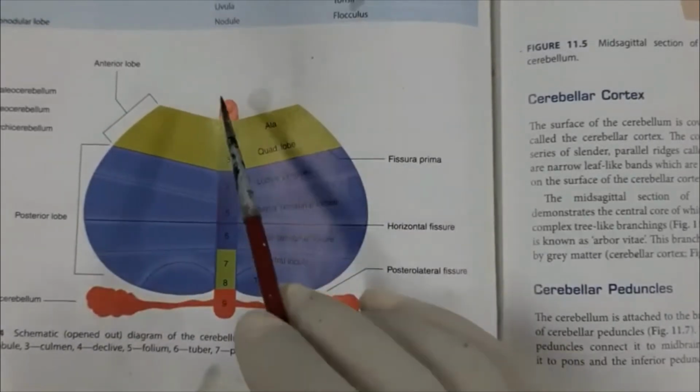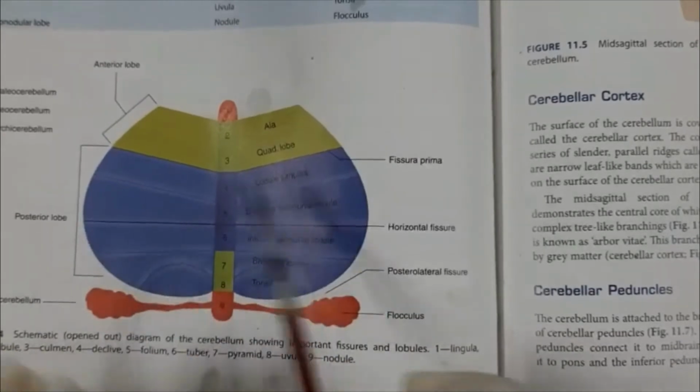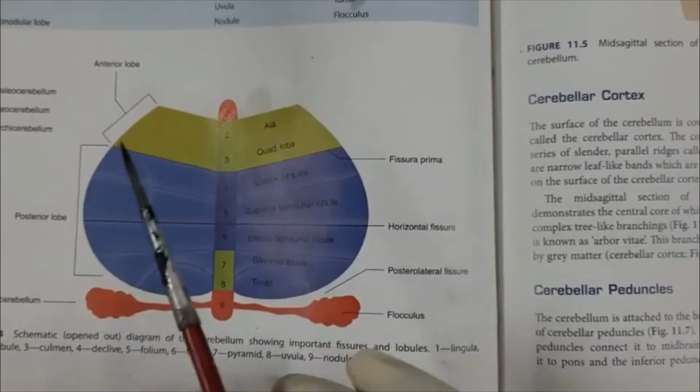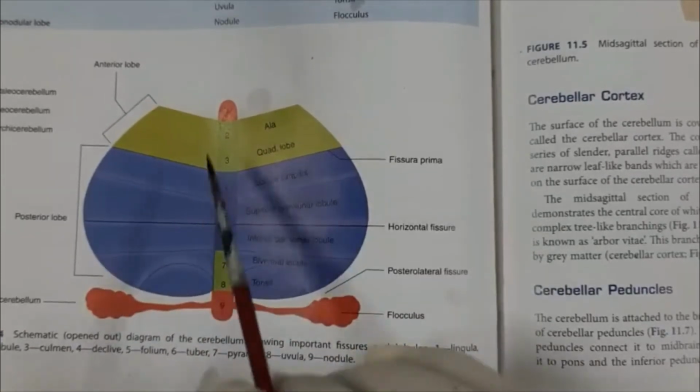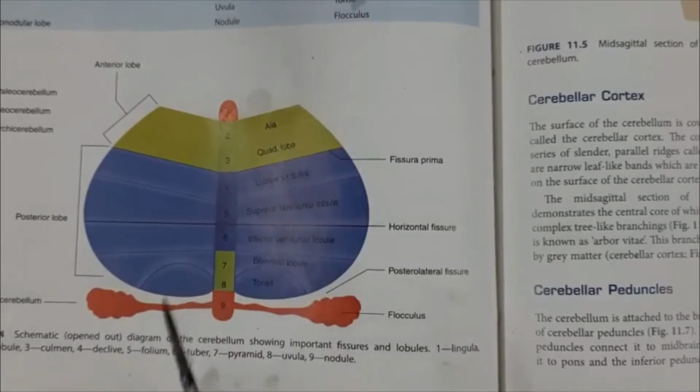So these are the central parts of the vermis and the associated lobules on the right and left side. In your practical class, ask your teacher to show you some of these lobules and parts of the vermis.